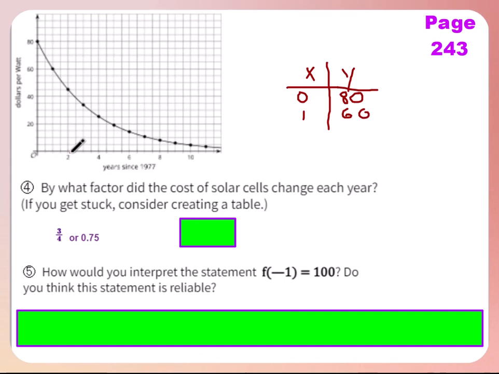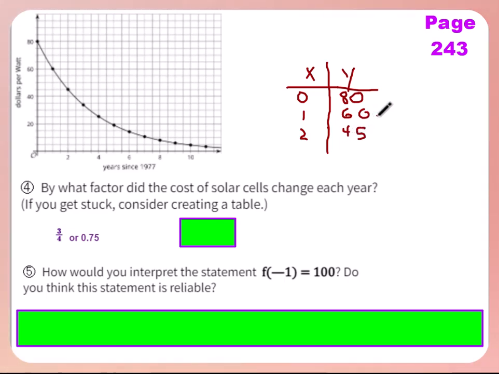Okay, this is 240, let's see, 45, 50, 55, 60, 245. All right, we can stop right there.